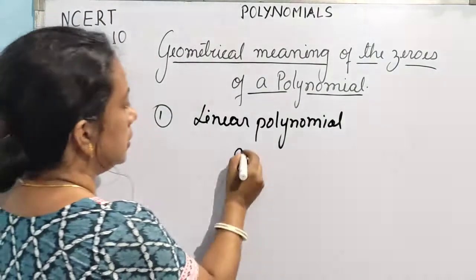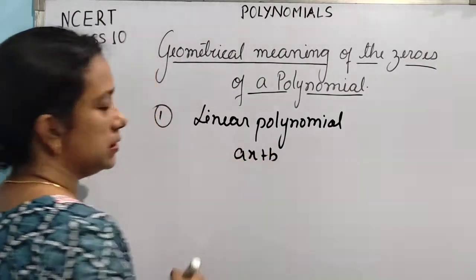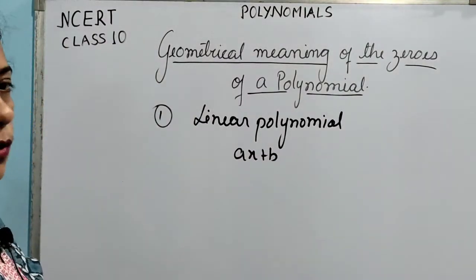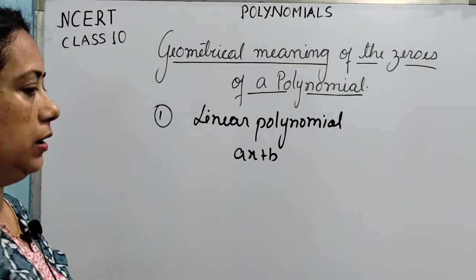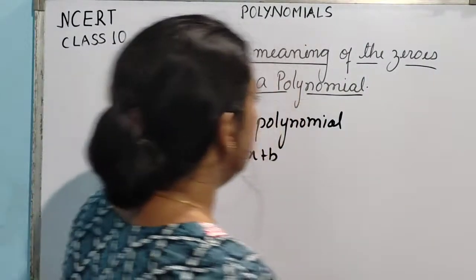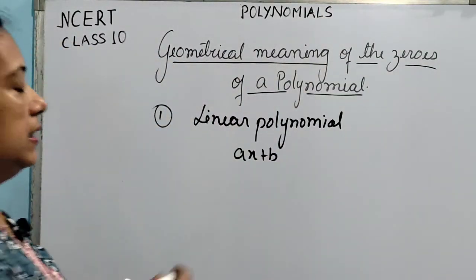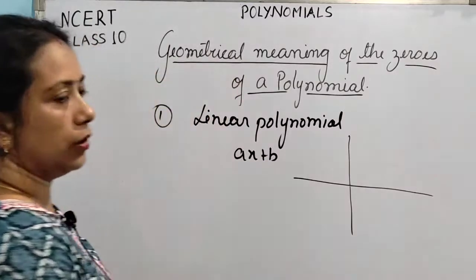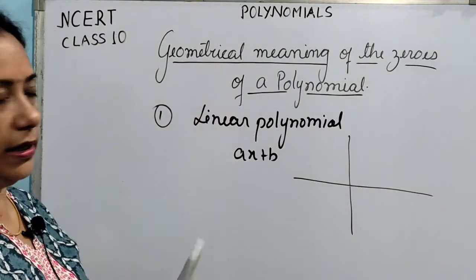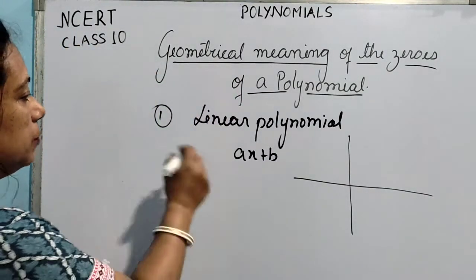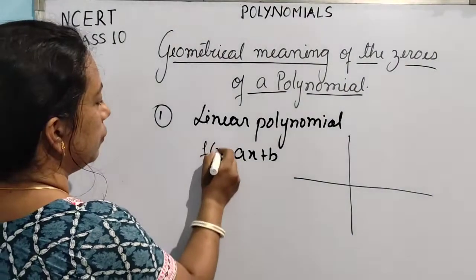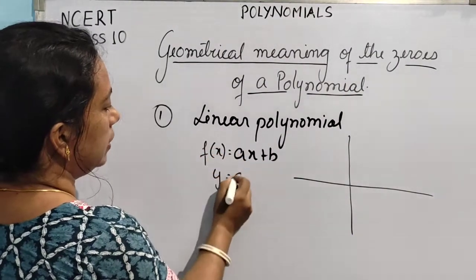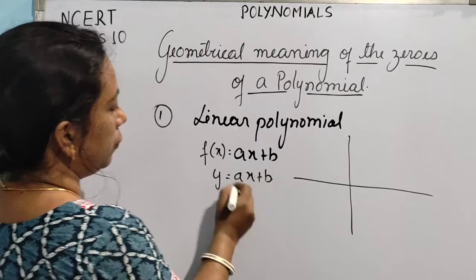So ax plus b, this is the standard form of a linear polynomial. You have already done these things in class 9, how to plot the graph for a linear polynomial. Suppose this is my polynomial f of x, or I can say that y is equal to ax plus b.